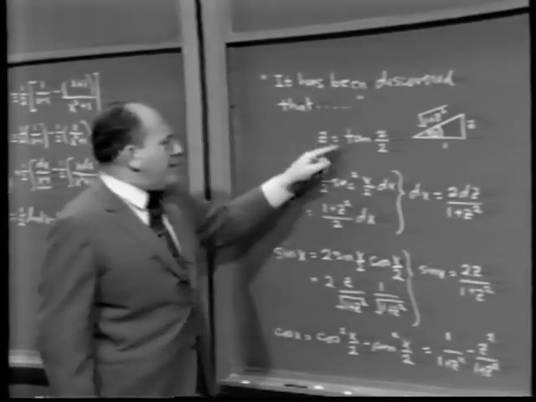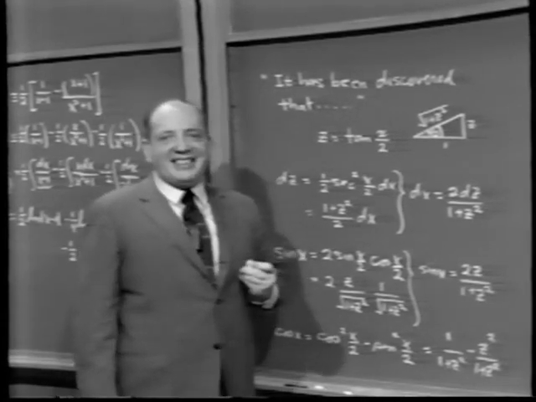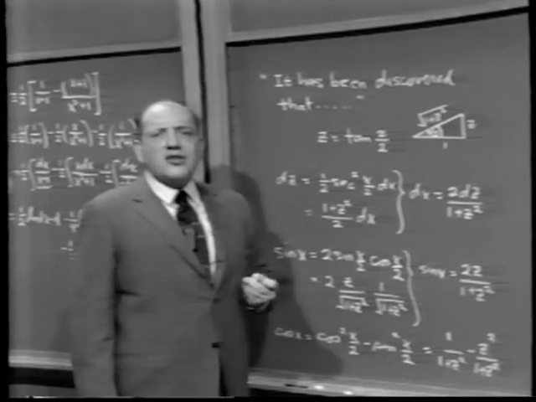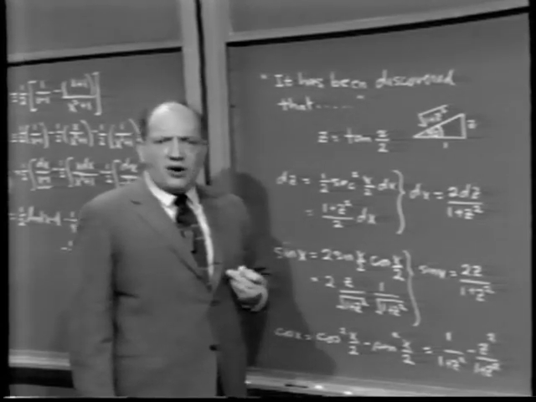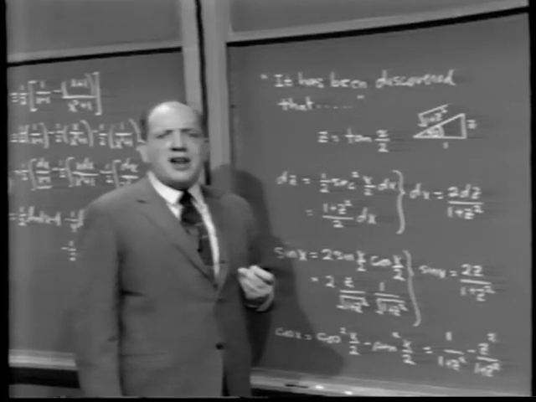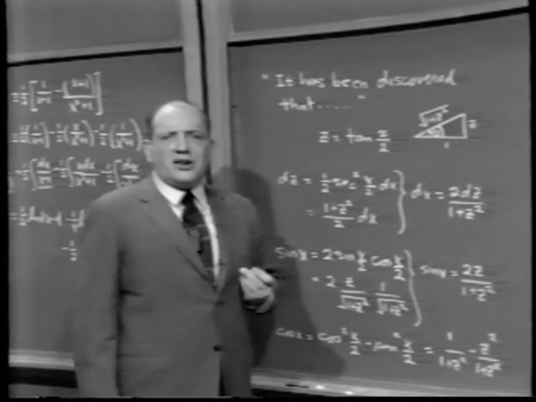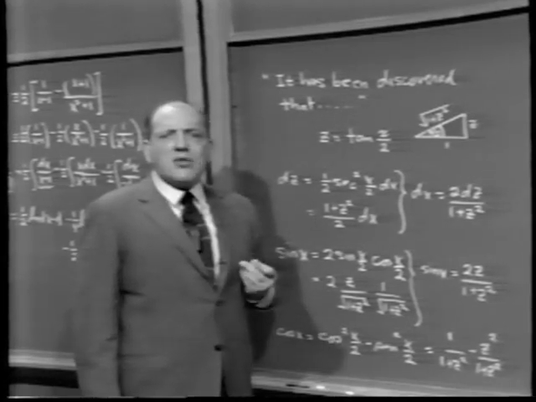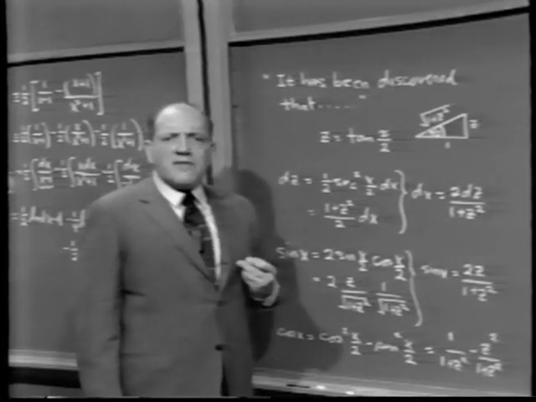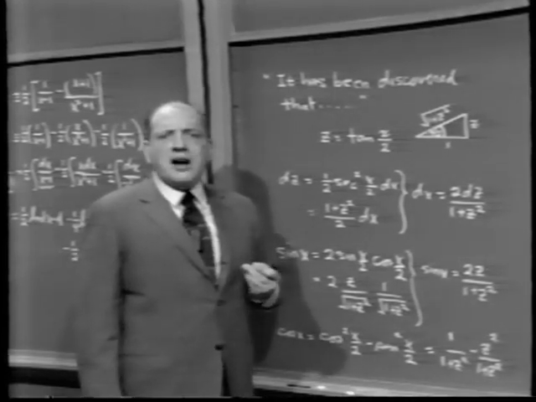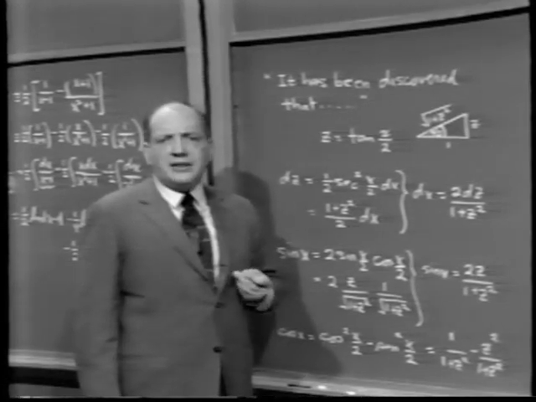In the section where this thing appears, it says, "It has been discovered that." The author makes no attempt to show logically why one would expect that a certain thing is going to work. All the author says is, "It has been discovered that." And this tells a long story, that in many cases we wind up with an integrand that we don't know how to handle. We make all sorts of substitutions in the hope that we can reduce the given integrand to a form that we know how to handle.